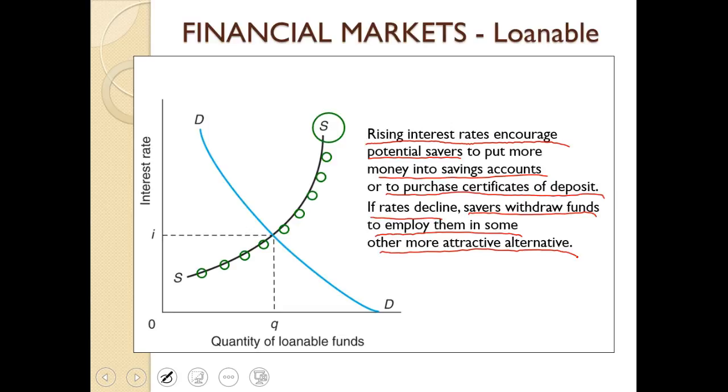That's if interest rates are real high. Well, what happens whenever interest rates start falling off? You would be better off to take that money and put it in something like the stock market, hypothetically, and maybe it'll return a higher amount on the investment. So whenever interest rates are real high, like say they're up here, the quantity of money that goes into savings accounts will increase.